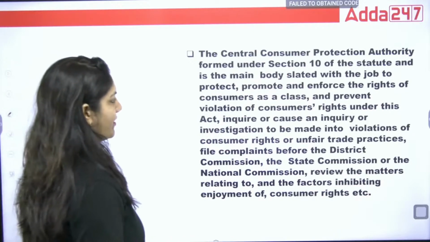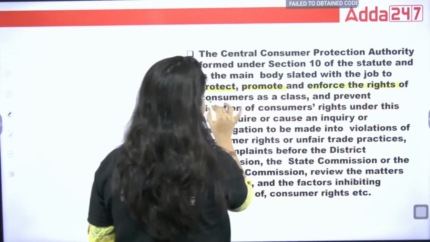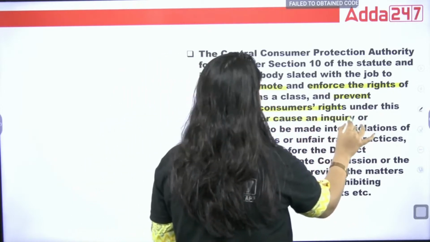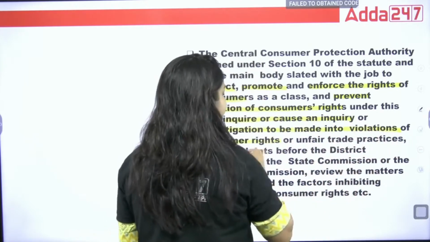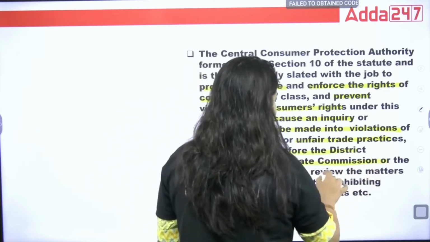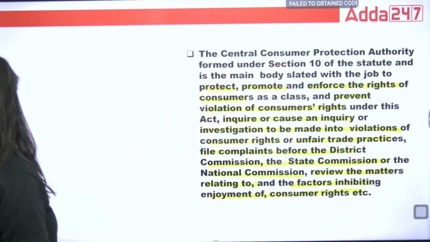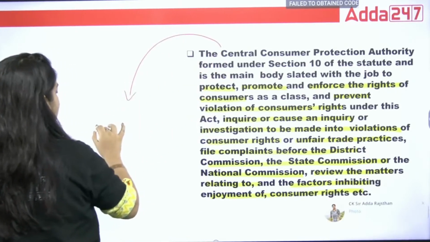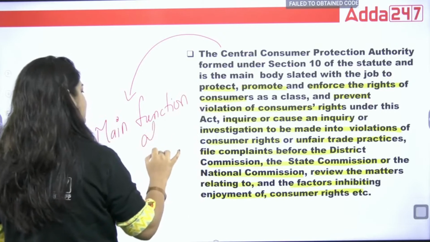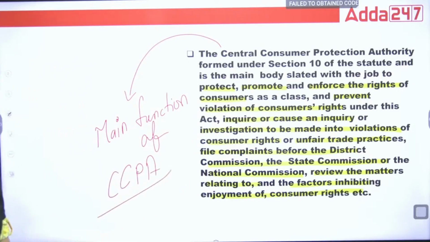Now, the Central Consumer Protection Authority, this is the authority. Its main work is to protect, promote, and enforce the rights of consumers; prevent violation of consumer rights under this act; inquire or cause an inquiry or investigation to be made into the violation of consumer rights or unfair trade practices; file complaints before the District Commission, State Commission and National Commission; and review matters relating to any factor inhibiting the enjoyment of consumer rights.